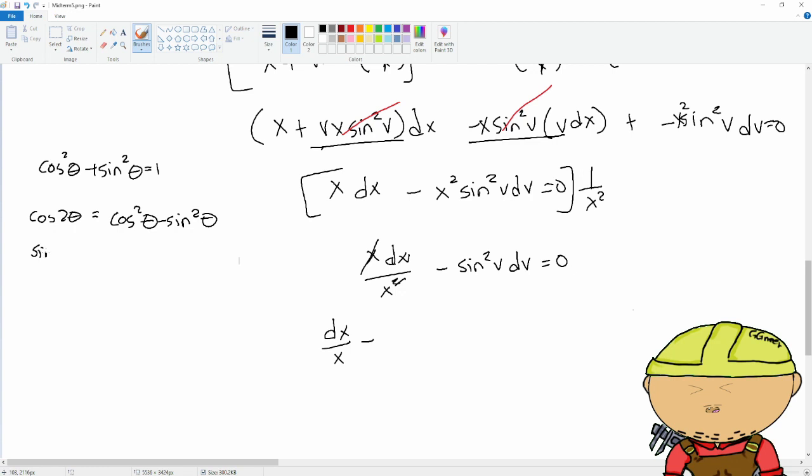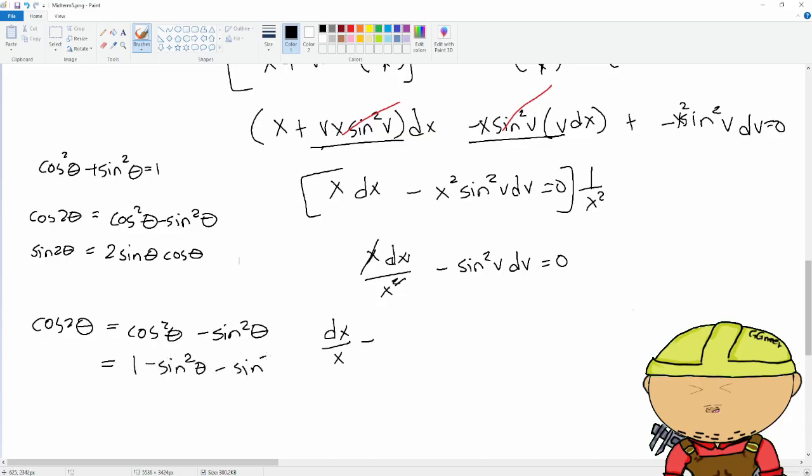Sine 2 theta is equal to 2 sine theta cosine theta. So applying 1 minus sine square theta minus sine square theta, we transpose the terms. Let's get serious.